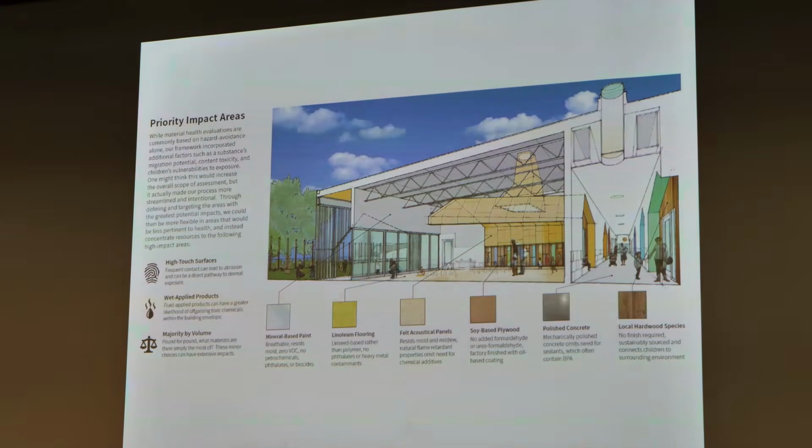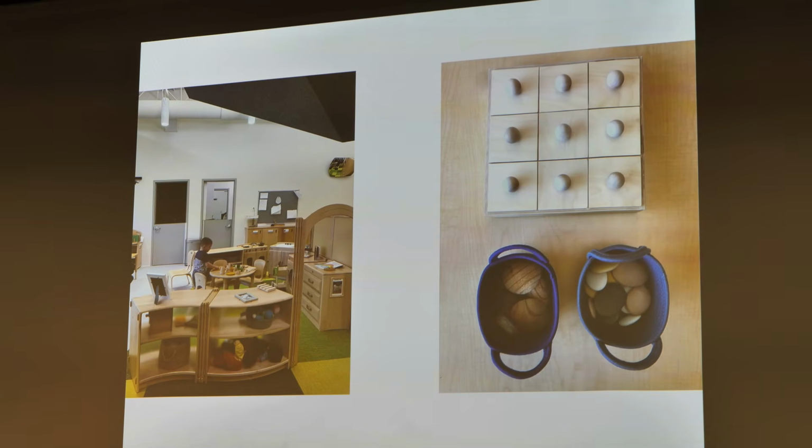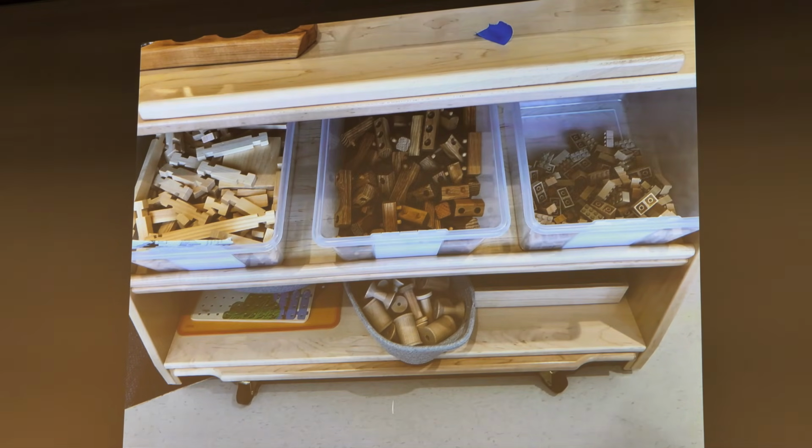This needed to then also go into the primary surfaces that kids are going to be rubbing up against, putting in their mouths, right, crawling around, right, as well as all the classroom supplies. So the Healthy Materials Lab were to develop an entire classroom supply kit, toys, etc., so that we didn't have plastic toys. The Legos are not plastic. Right?